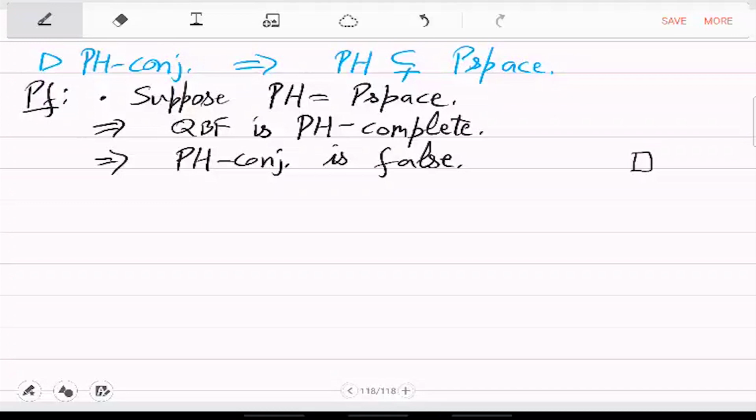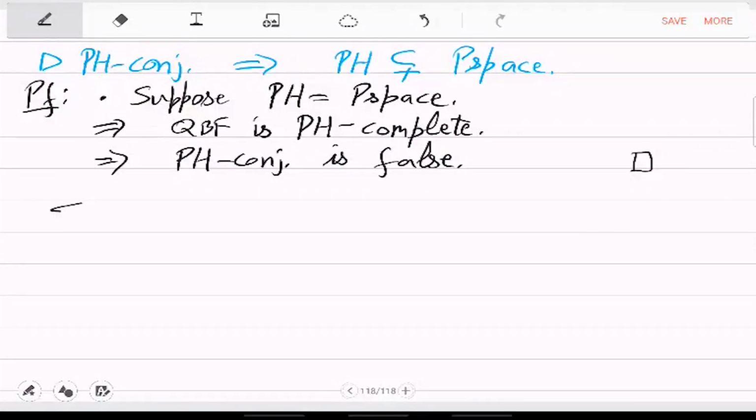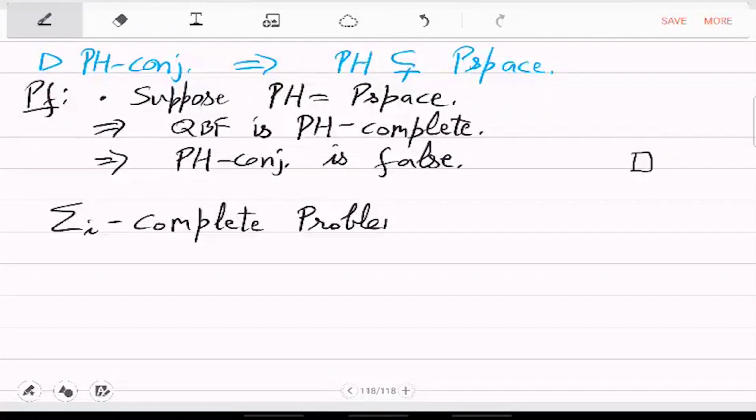So there is no PH complete problem, but you can still ask whether there are sigma I complete and pi I complete problems. And intuitively they should exist because NP complete problems exist, which is sigma 1 complete.